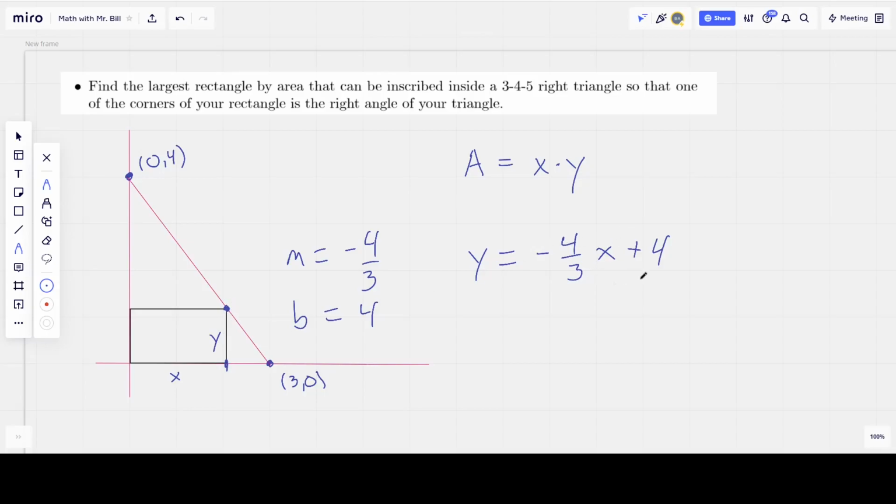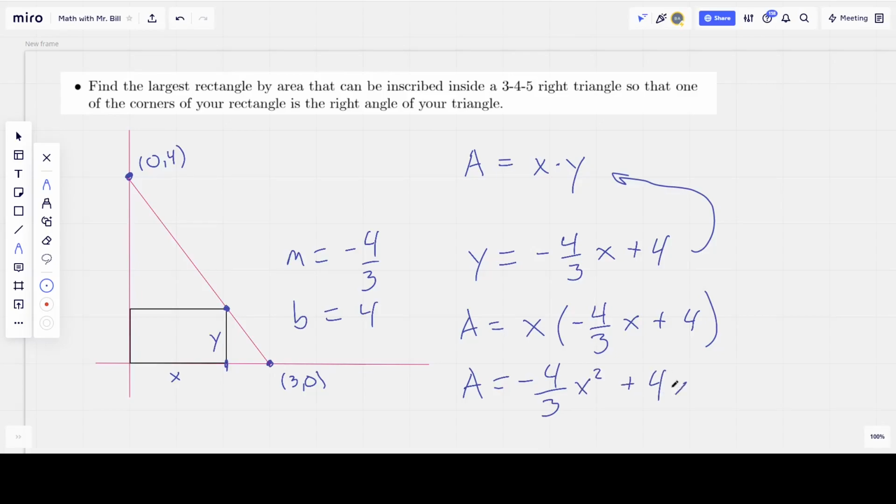So if I plug this equation into my area formula, I get the area of that rectangle just by knowing the x value, the length of the rectangle. It's not x times y anymore. It's x times negative 4/3 x plus 4. Let's distribute that x in: negative 4/3 x squared plus 4x.